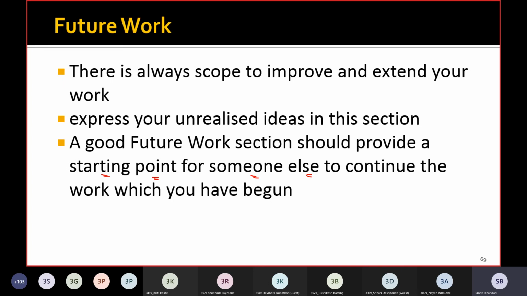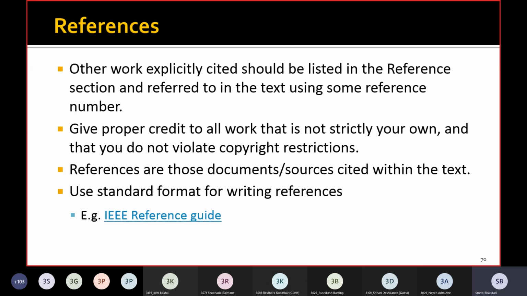Somebody has worked on that topic, has come up with some initial results, and has recommended some work that can be extended further in this particular area. If you write such a good future work section, then one should get the insight, the starting point to continue the work, right? So this is how you should write the future work.